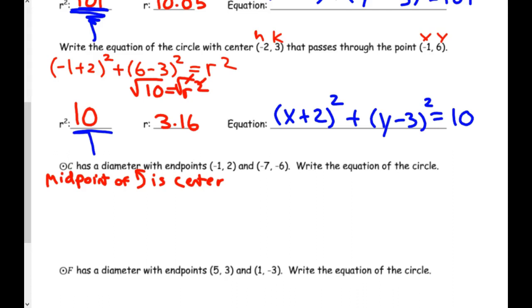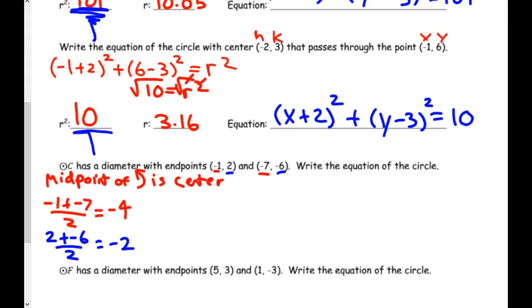So, check it out. -1 plus -7 divided by 2 is my x, and then 2 plus -6 divided by 2 gives me my y. I'll spare you the calculator work. -1 plus -7, -8 over 2 is -4. 2 plus a -6 is -4 over 2, which is -2.